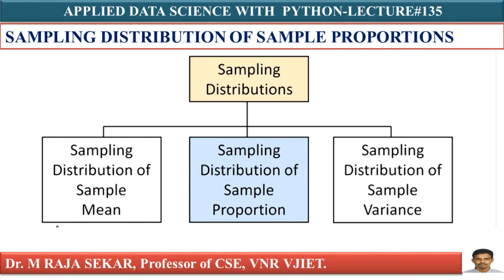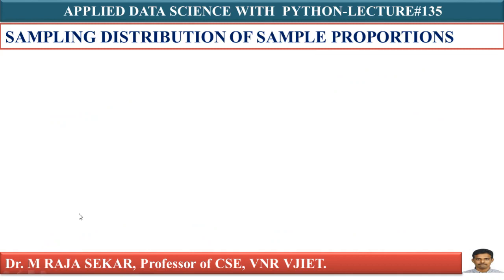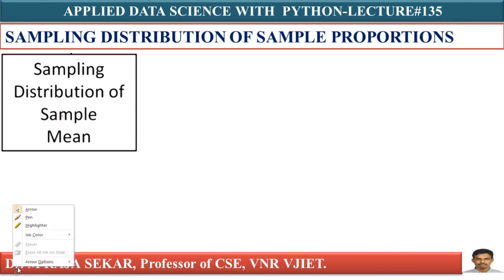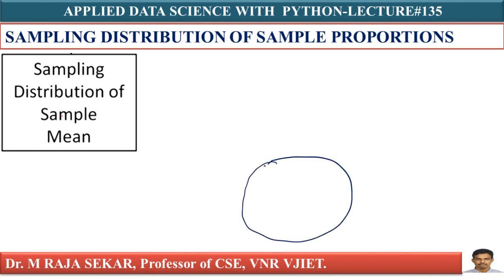Let me recall what we discussed in my previous lecture. There are three cases. Let me recall the first case. Suppose I have a population from which I take samples S1, S2, and so on up to Sn.